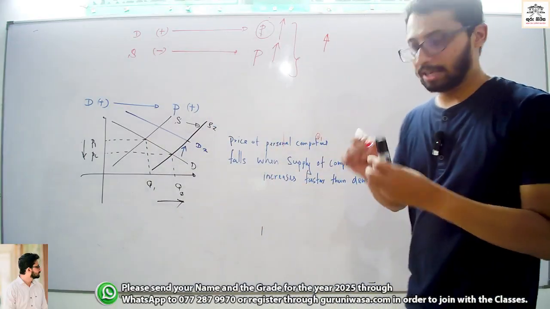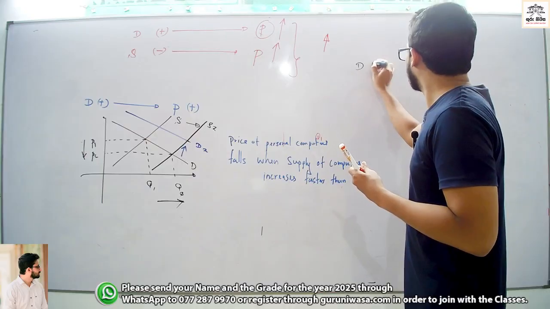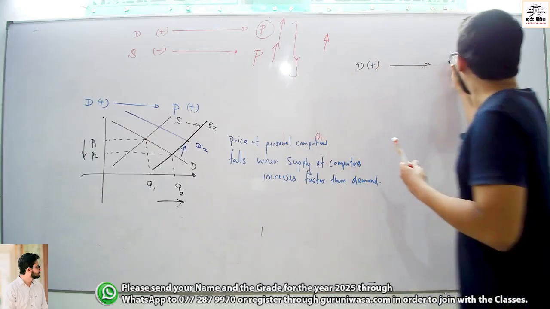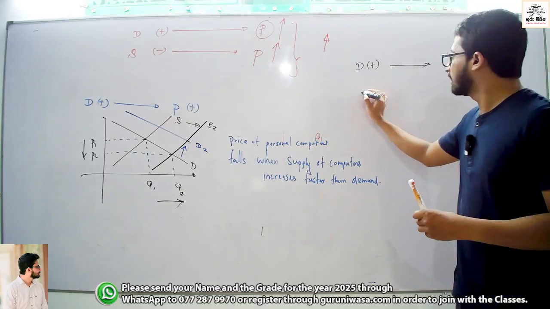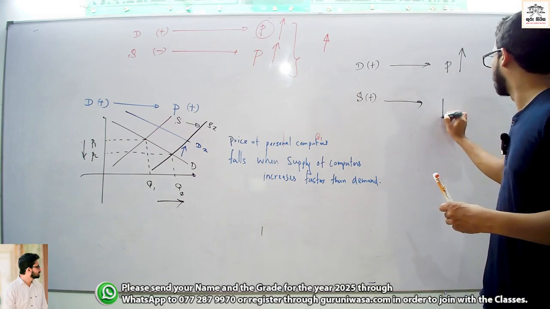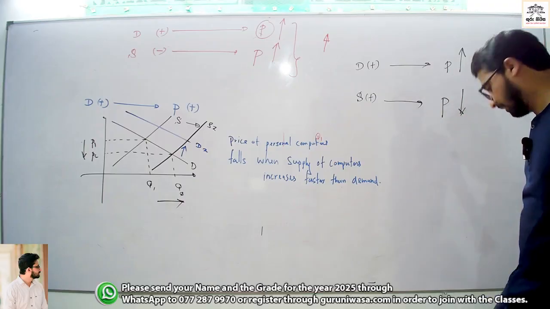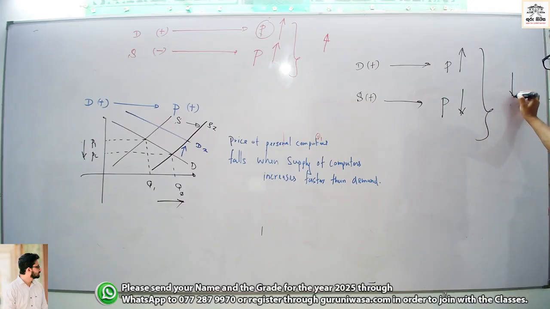In this personal computer story, demand increases. When demand increases, equilibrium price increases. On the other hand, supply also increases. When supply increases, price goes down. Did you get the point? Here, net impact is minus.